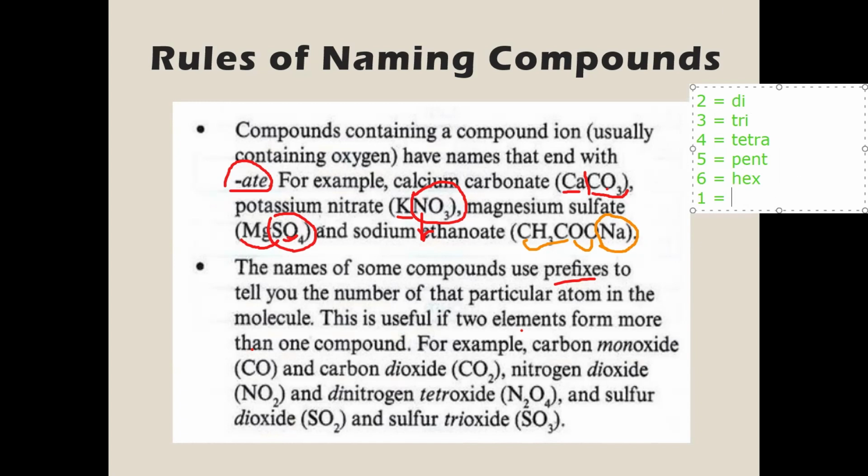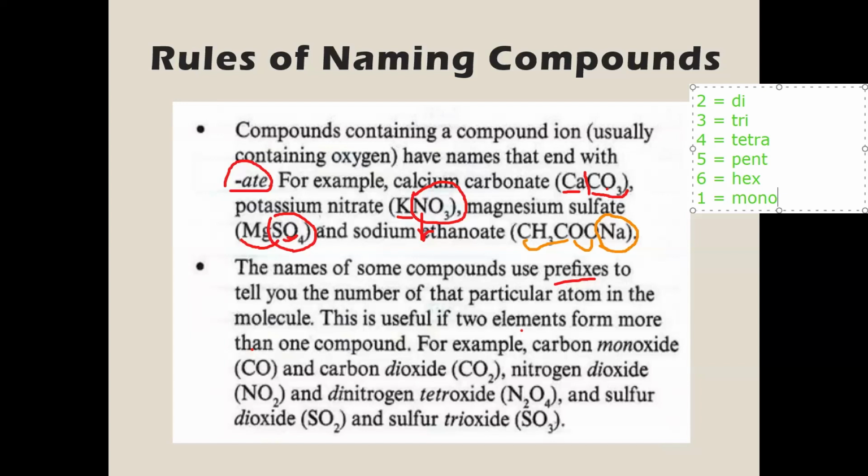1 is mono. So 1 atom is monoatom. 2 atoms, diatom. 3 atoms, tri. 4 atoms, tetra. 5 atoms, pent. 6 atoms, hexa. Okay.